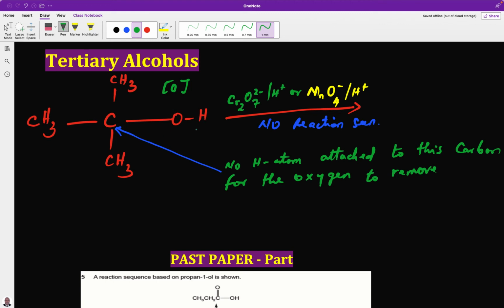There will be no reaction because there is no hydrogen attached to this carbon for oxygen to remove. So no reaction occurs here.